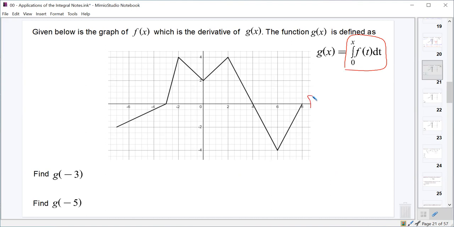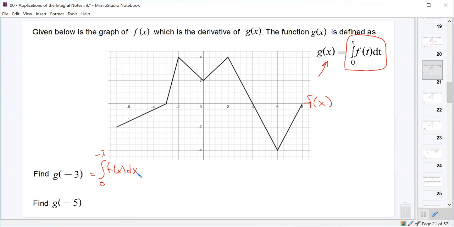And the graph we're given is still f of x, and f of x is still the derivative of g of x. So if we want to find the value of g of -3, we just plug it in up here. G of -3 should be the integral from 0 to -3 of f of x dx.